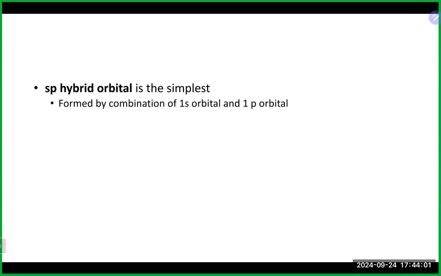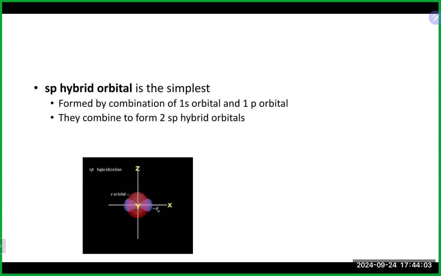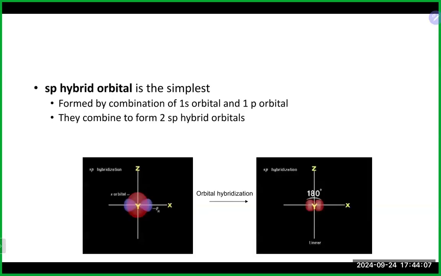So let's talk about the simplest hybrid orbital that you could have, and it is what is known as an sp hybrid orbital. We have s orbitals, p orbitals, d orbitals. In this case, we're going to hybridize an s orbital and a p orbital together.